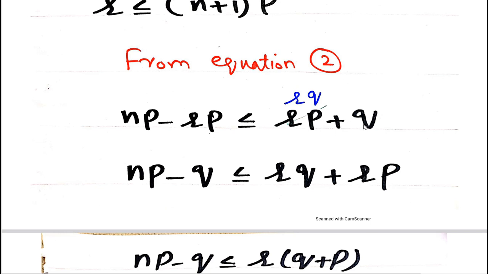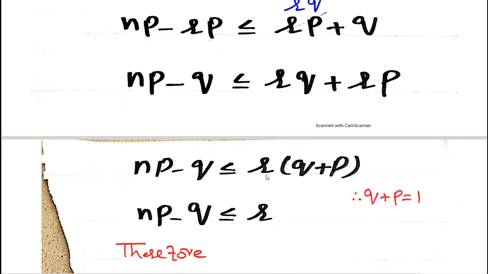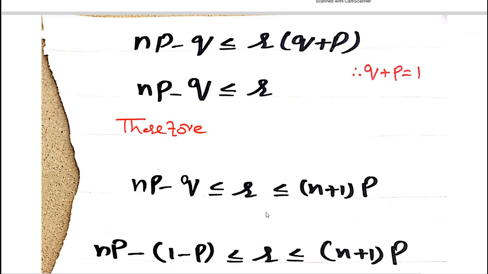Take this q on the right side. This plus sign converts into minus, np minus q. And this term rp, take on the right side, and this minus changes into plus. So rq plus rp is greater than or equal to np minus q. Take r common here because q plus p is equal to 1. So we are left with r greater than or equal to np minus q. Therefore np minus q less than or equal to r less than or equal to (n plus 1) p.